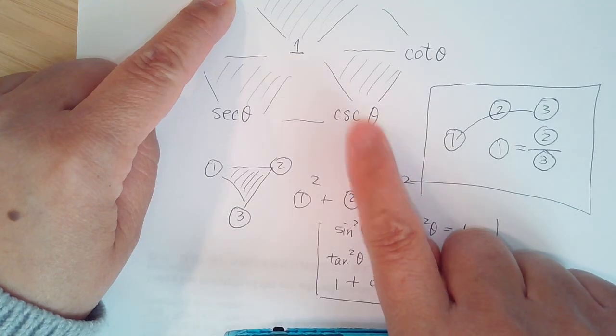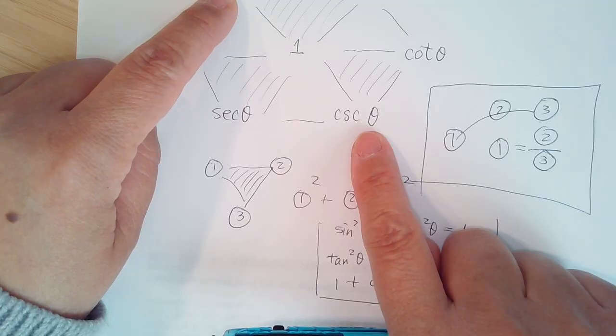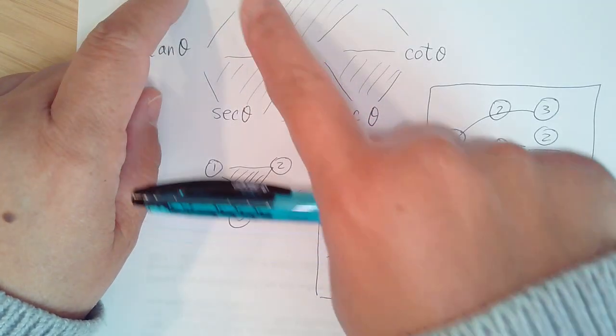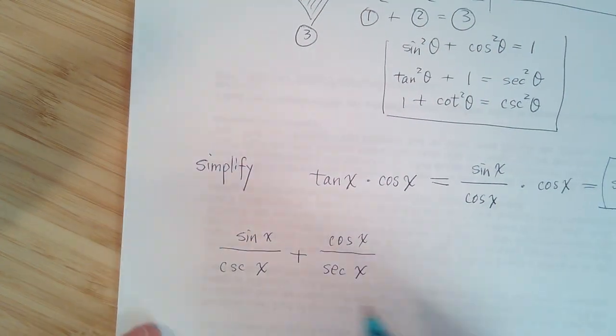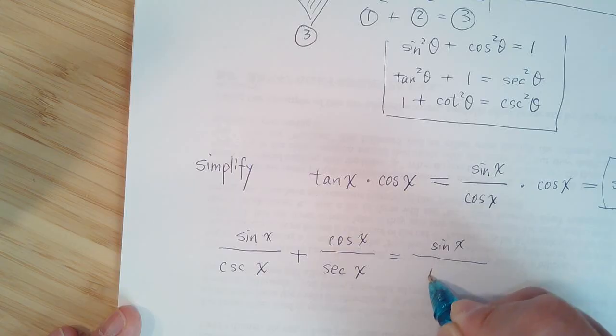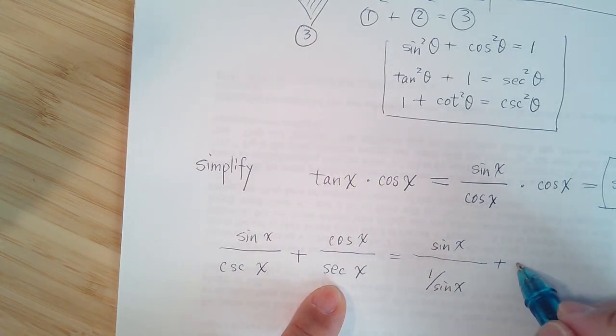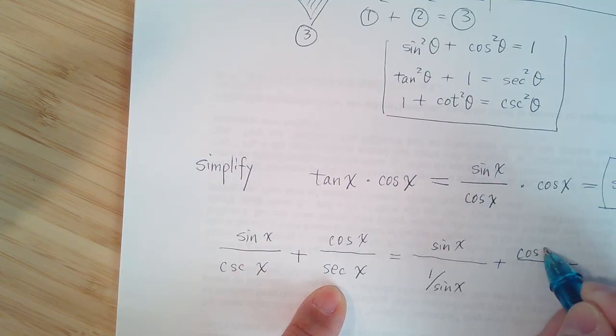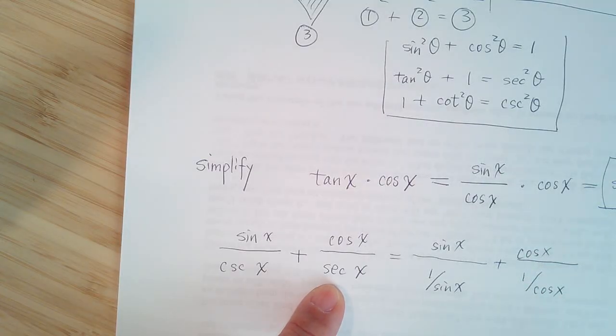But I know the cosecant and the sine are reciprocals of each other. So can I write cosecant x equals 1 over sine x, and at the same time write secant x as 1 over cosine x? I can do that, right?